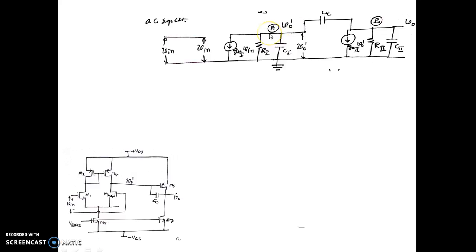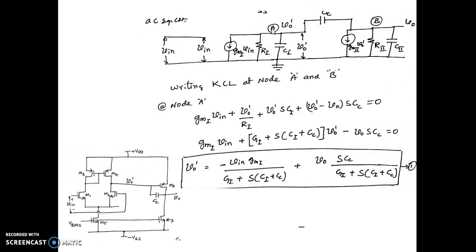So let us consider node A and node B here. So we will write the KCL at node A and node B. So at node A, we know that we have currents leaving. Let us assume the currents leaving as GM into V in, that is this current, and we have the voltage over here as V0 dash.